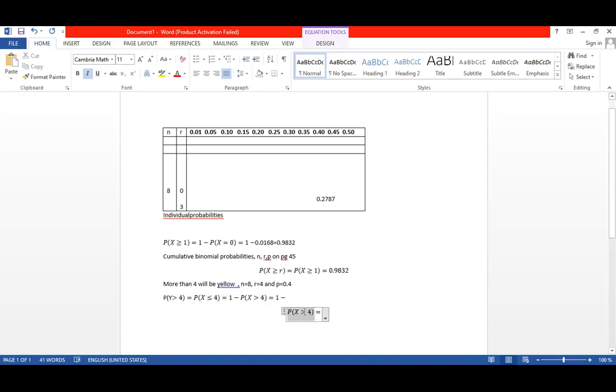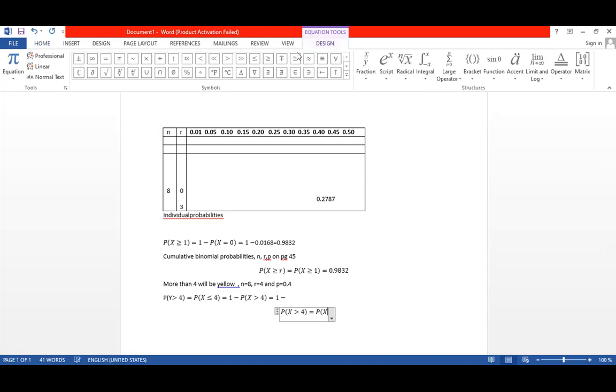Now, if we have X is greater than 4, how are we going to introduce the greater or equal to without affecting this inequality? X is greater than 4. What will it be equal to if I want this one to be greater or equal to, but without affecting it?